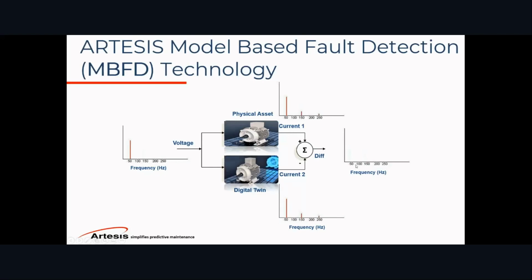After this learn period is completed, we are constantly monitoring the actual equipment, and depending on the deviations or developing or incipient faults, you will see additional peaks at different frequencies.